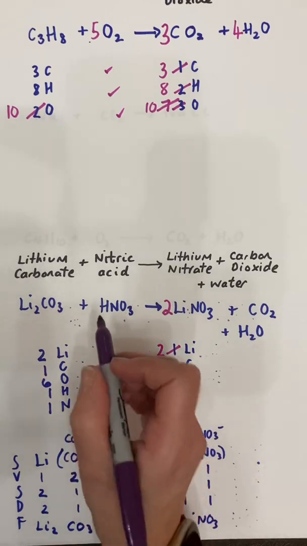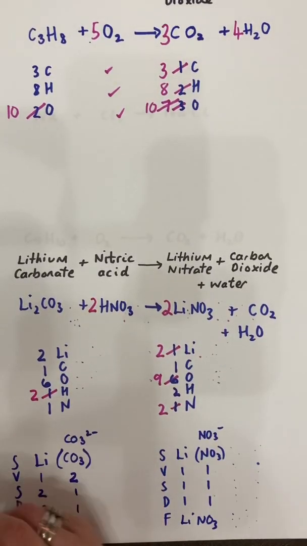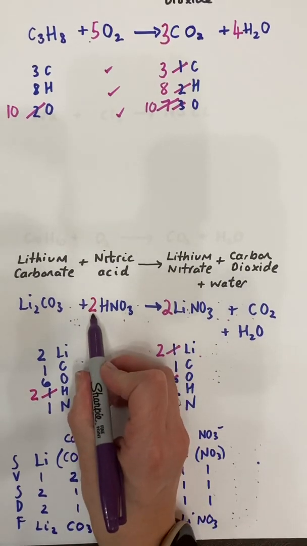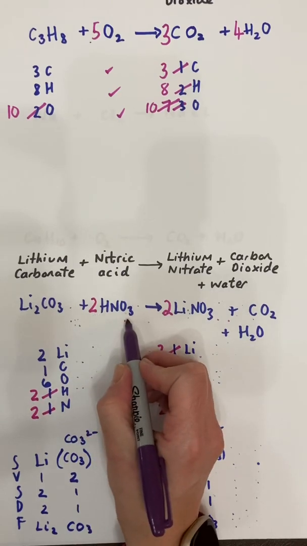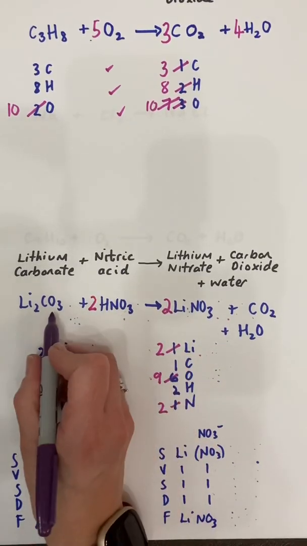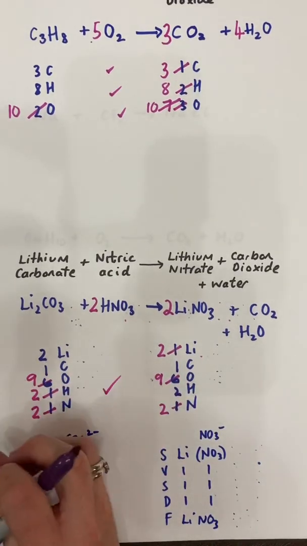So if I look at my hydrogens and double that up to give me the 2 hydrogens that I need, just by chance, 2 times the nitrogen gives me the 2, 2 times the 3 oxygen gives me 6, plus the 3 is 9. Fabulous.